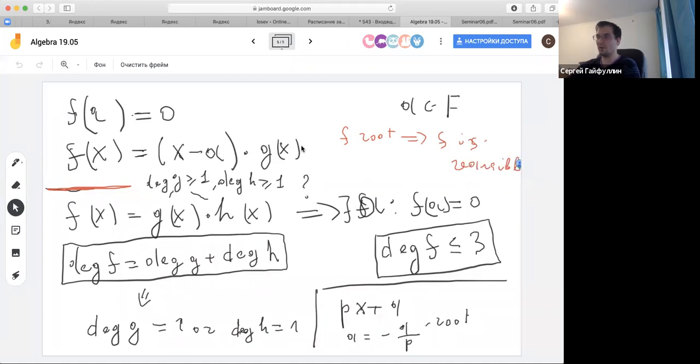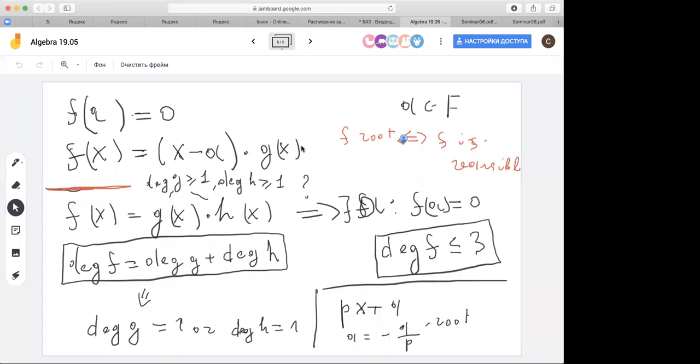And the second one, we suppose that f is reducible, and by this computation, we obtain that f has a root. So this is the converse part.